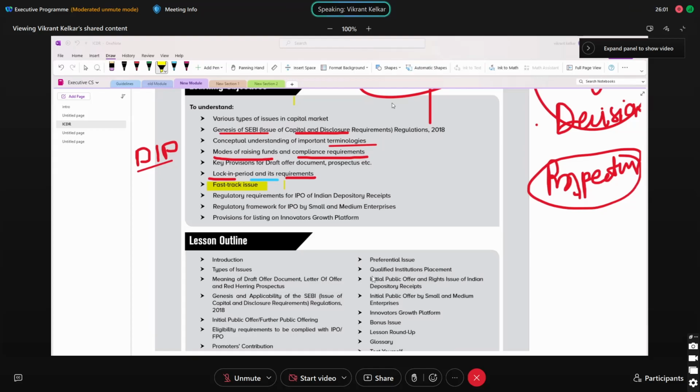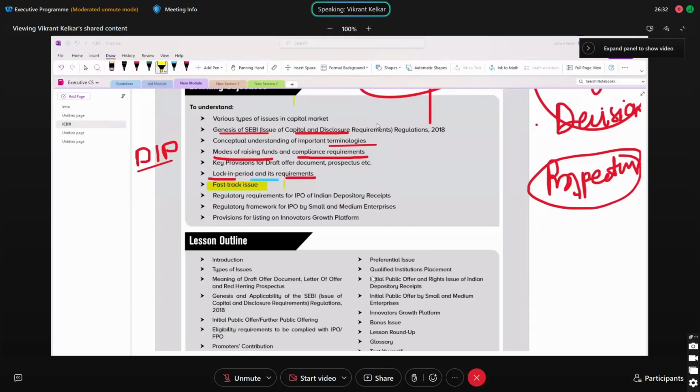Wonderful. The 100% is there that whenever you are having an need of funds, say Vikrant Limited is in need of funds as on today, and Vikrant wishes to raise funds through IPO or FPO.